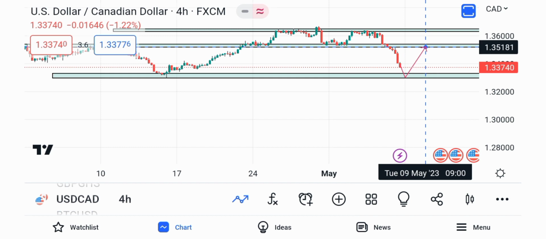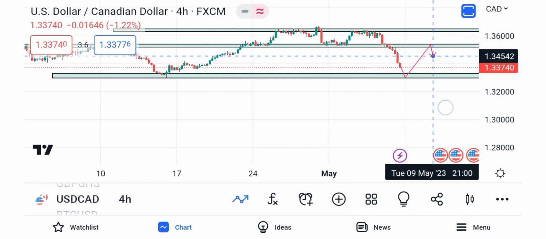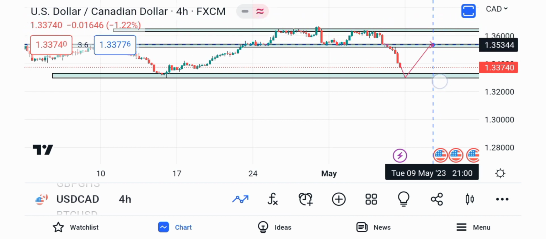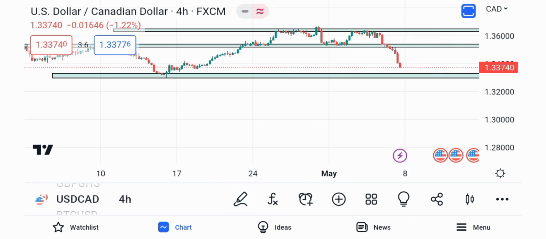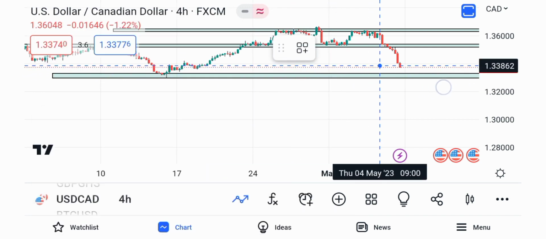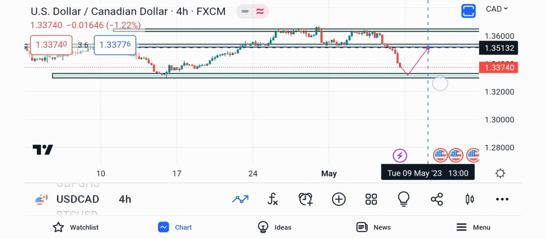Then we see the next move, whether it continues downward or still continues upwards. So we need to study the price action here at this point. So I'm anticipating that price moves to this point, this very point, then moves upwards. That's my analysis on USD CAD.